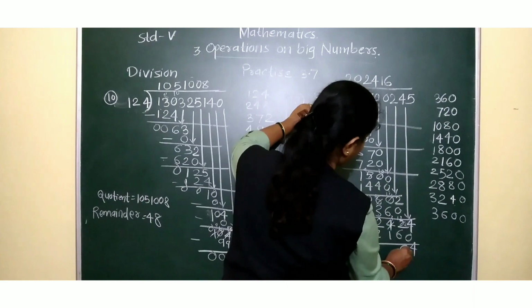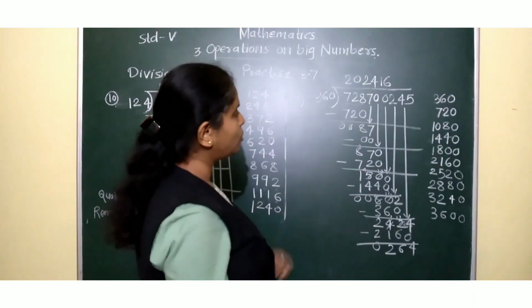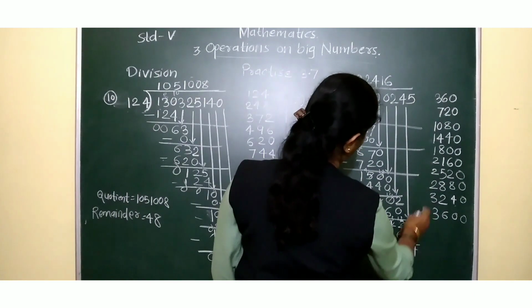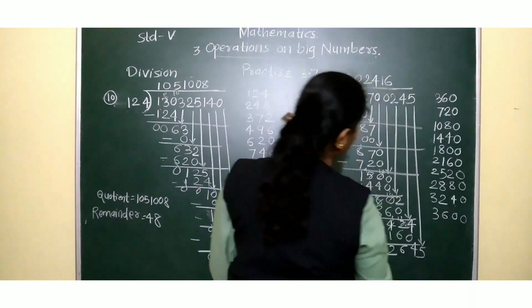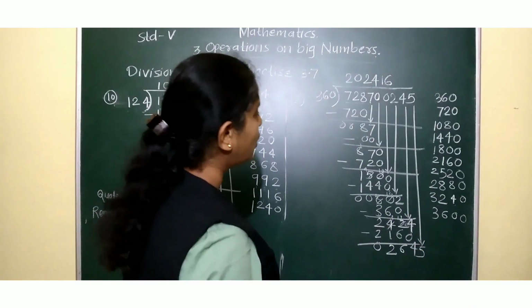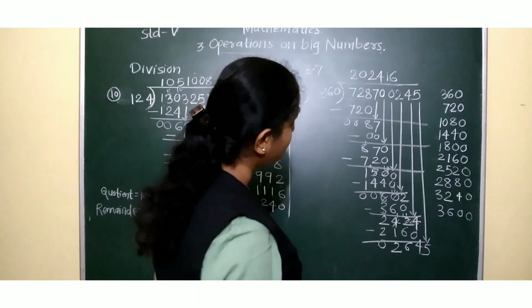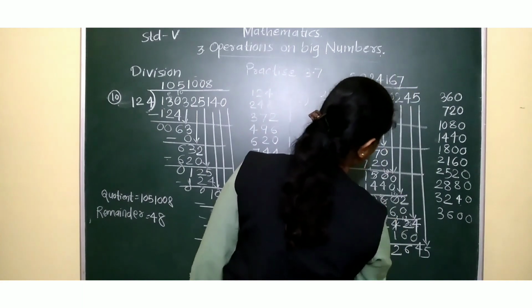So 12 minus 6, 3 minus 2, 0. Now 264 is there, okay, and last is this digit we have to take, that is 5. 2645. Now which number is close to this? This 7th one, okay, 7th place number, that is 2520.